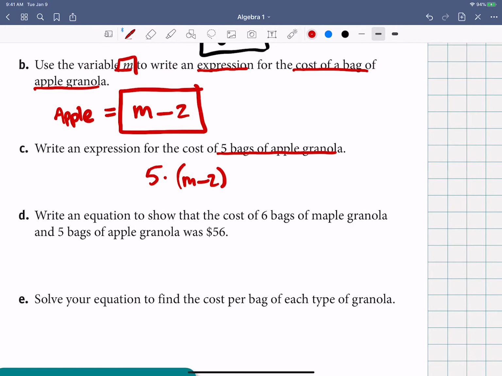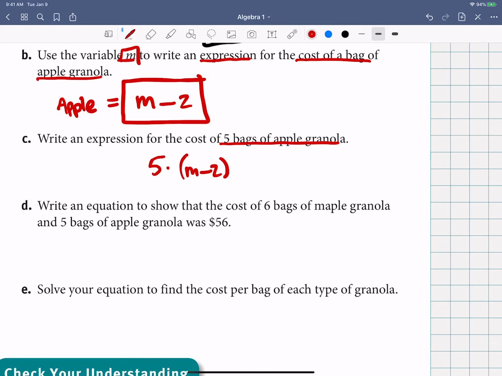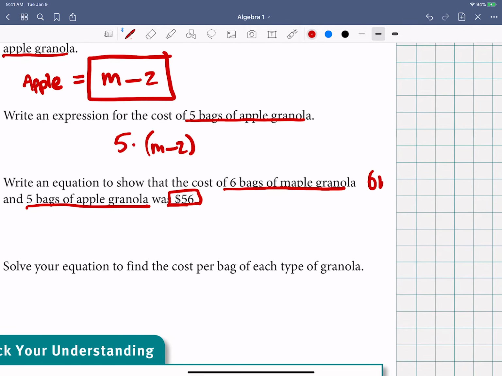And now, it gets easier. It says, write an equation that shows the cost of 6 bags of maple granola and 5 bags of apple granola. Remember, it costs $56. So now we're going to use the price of 6 maple granola and the price of 5 apple, and we know that equals 56. So 6 maples plus 5 apples is equal to 56.